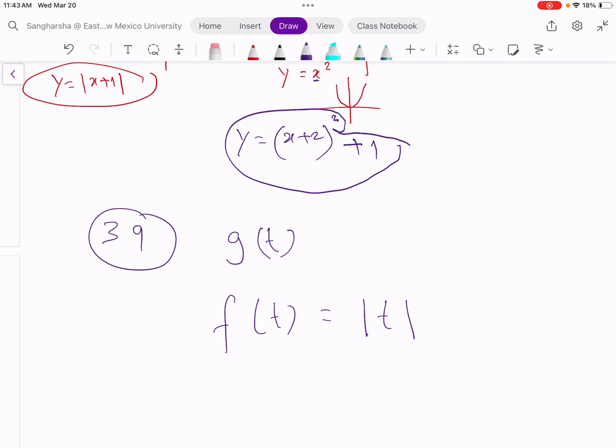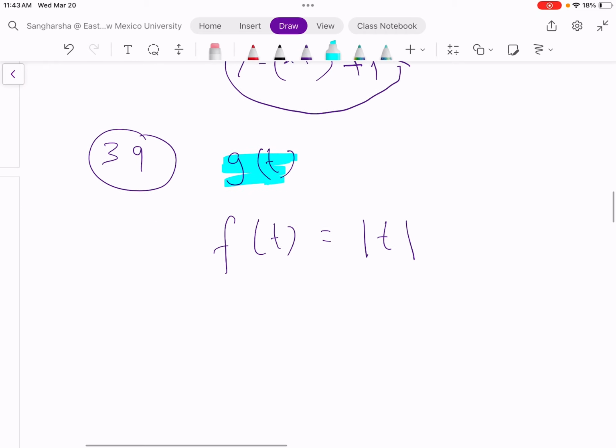We need to find this g of t, and what is given to us is that g of t is formed by translating this f of t to the left 4 units. Now to the left 4 units means what do we have to do to the basic function?